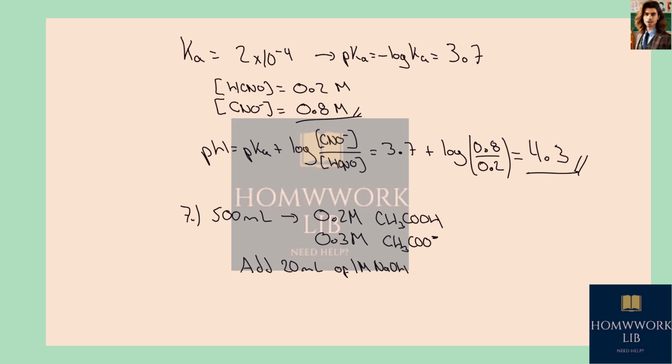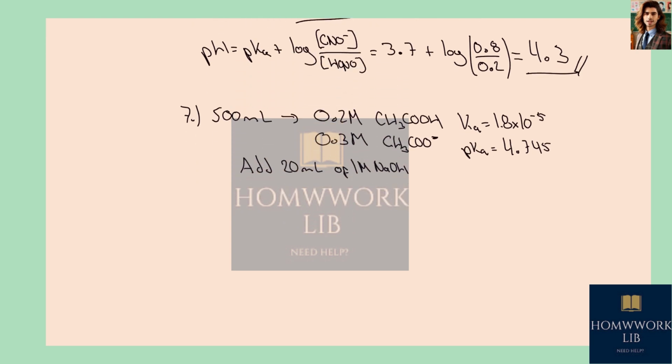The other information that we have is that the Ka of this acid is 1.8 times 10 to the minus 5. Thus, the pKa will be equal to 4.745. Okay. So now, the first thing that we need to realize is that in order to get the pH, we need the amount of moles of OH minus that we are adding.